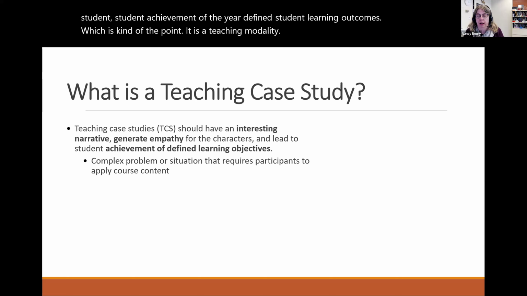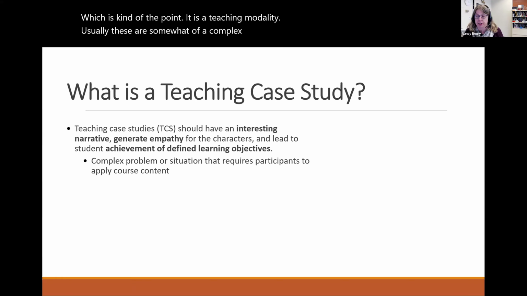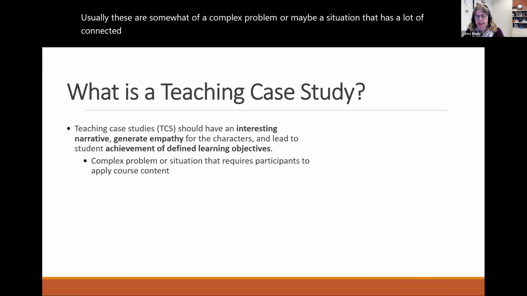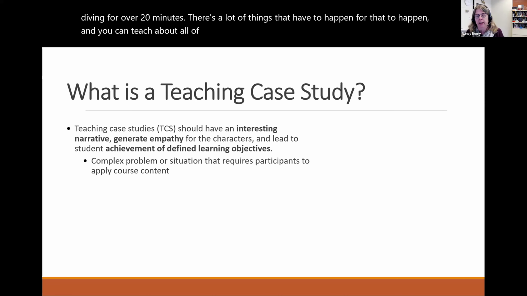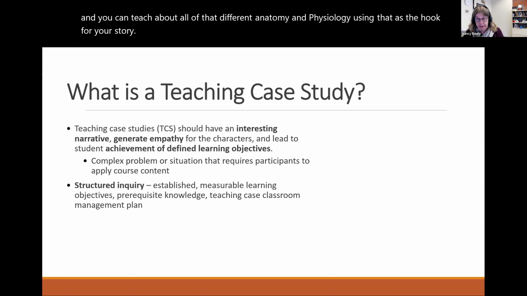Usually these are somewhat of a complex problem, or maybe a situation that has a lot of connected ideas or complexity. We were mentioning just now about somebody deep diving for over 20 minutes. There's a lot of things that have to happen for that to happen. And you can teach about all of that different anatomy and physiology using that as the hook for your story. It is a structured inquiry.